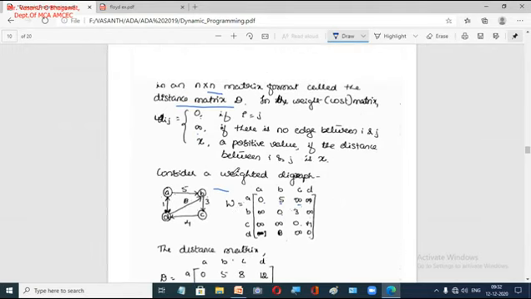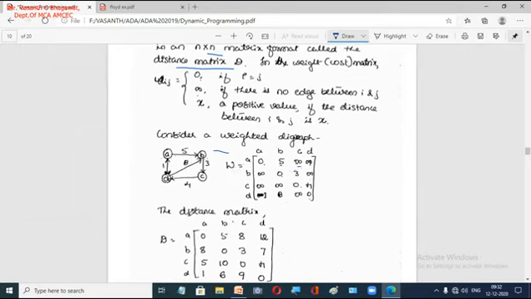Now our task is to find the distance matrix D by applying Floyd's algorithm. If you consider vertex A, from A to B, what is the shortest path? Is this the only path, or is there another path which gives you a shorter one?